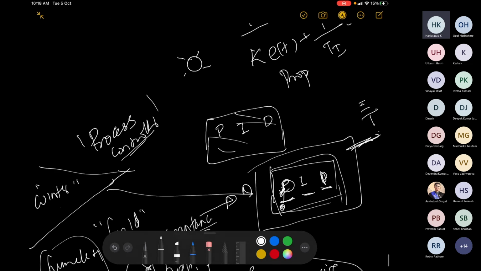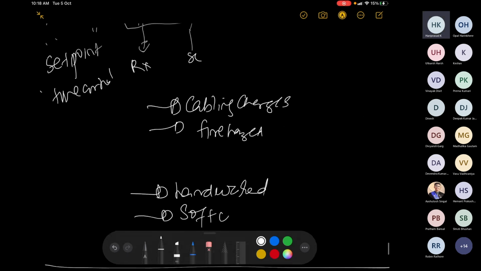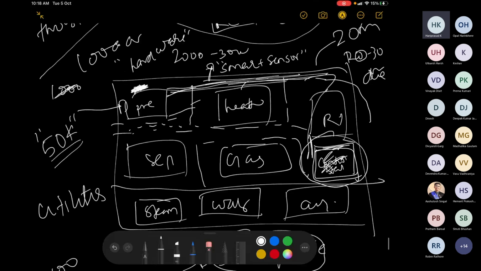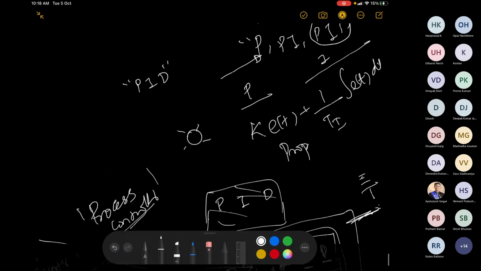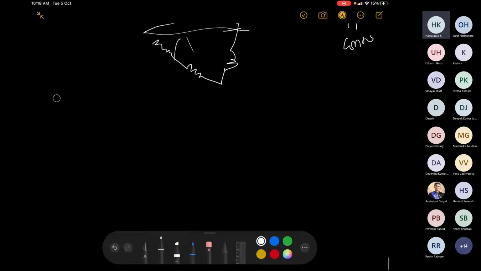But otherwise, as I told, you could take the wiring either by means of a smart sensor which can send the signals, or you can wire it up to the central control room where you do this calculation by means of a computer. So let's say you got the error.